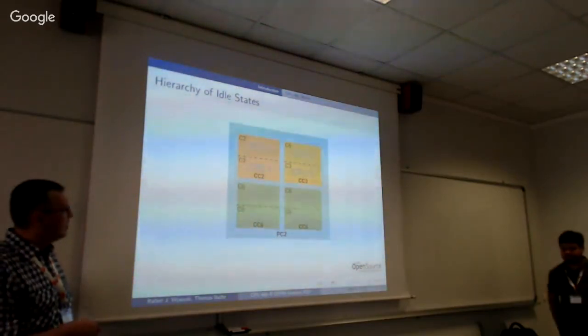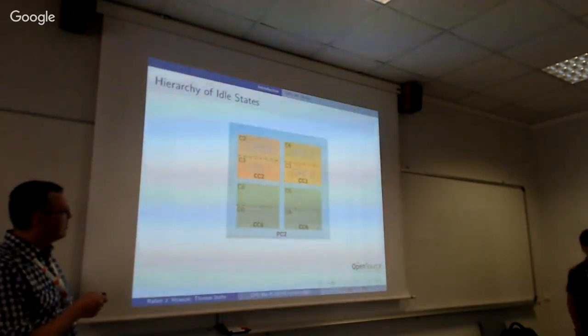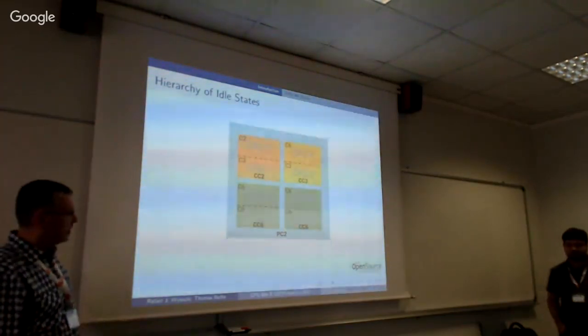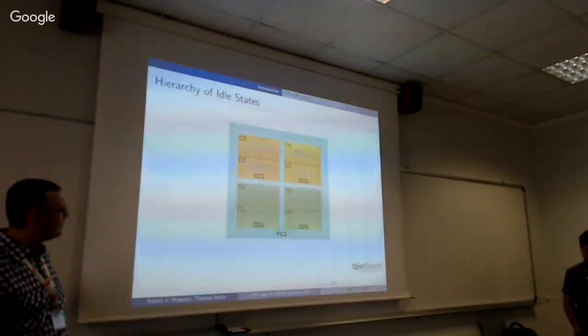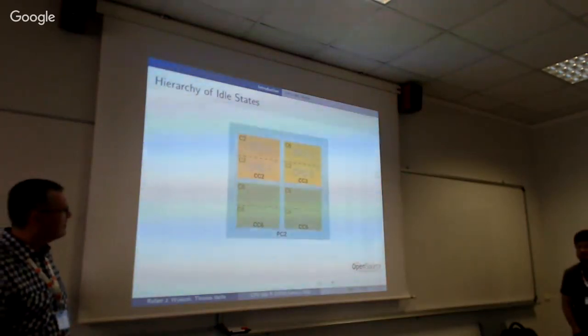So depending on what happens in each hardware thread and in each core, this whole hierarchy can go into a certain idle state. Okay, so this is how it works.